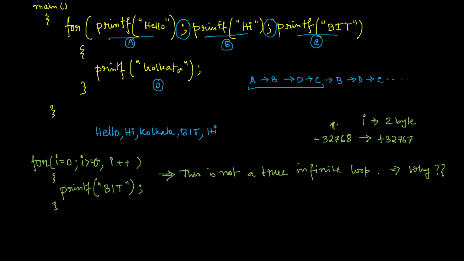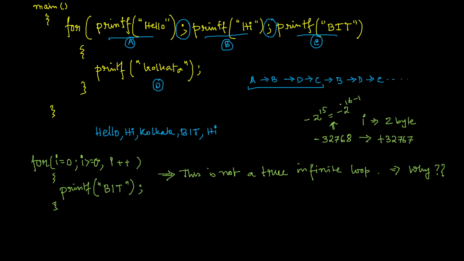Why am I saying 32,768? It means minus 2 to the power 15, or you can say minus 2 to the power 16 minus 1. I'm sorry, 15.